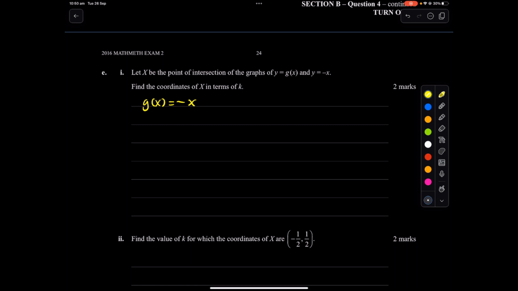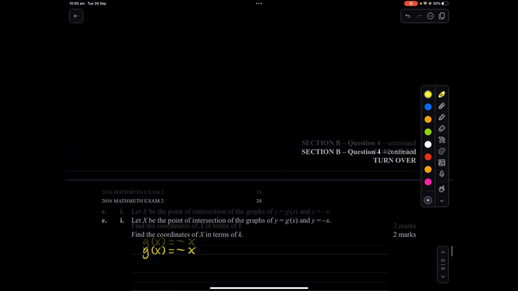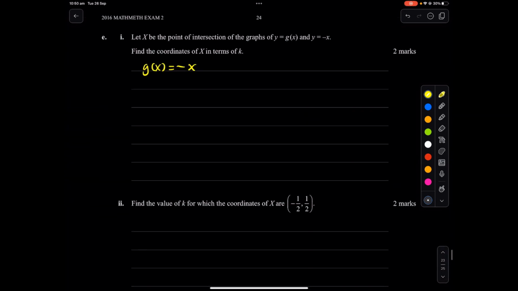But remember, we want to take the positive because k is greater than 1. We're taking it on the right-hand side. So be careful, don't use that negative 1 over here. We're going to use only 1. So x is k squared minus 1 minus k. And your y is just the negative of this, so negative k squared minus 1 minus k.